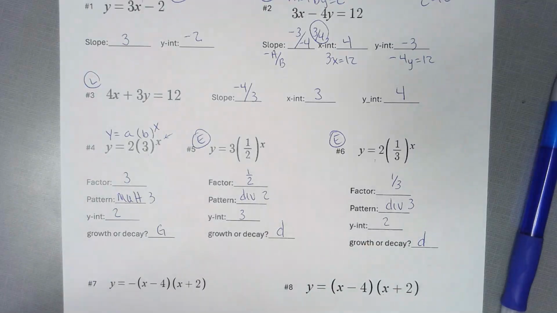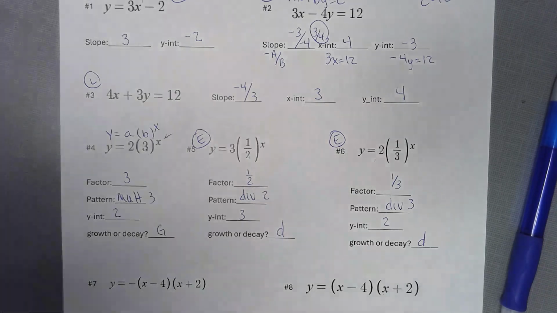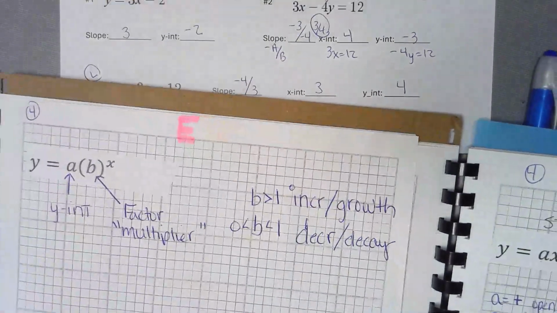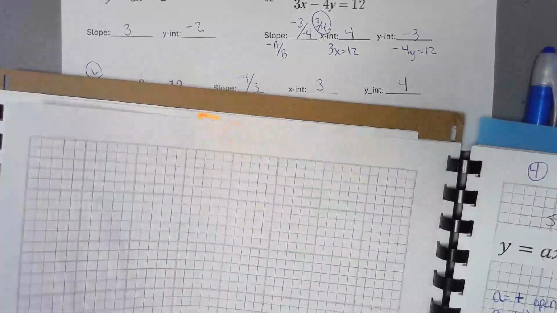Let's see if I can find a notebook here to show y'all, so that you guys don't have to back your notebook up. Okay, so I'll go back in my notebook.